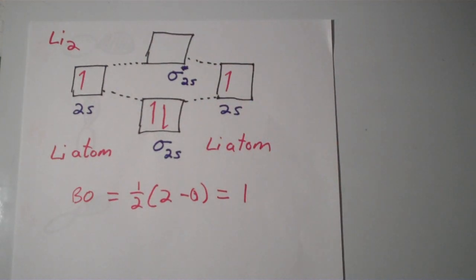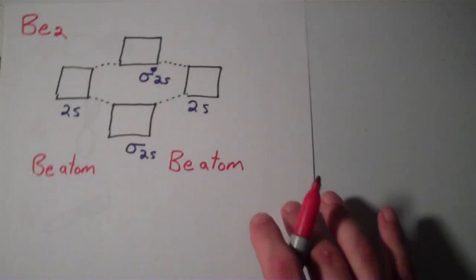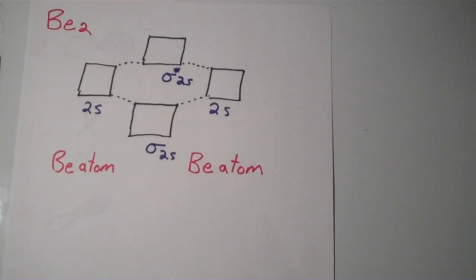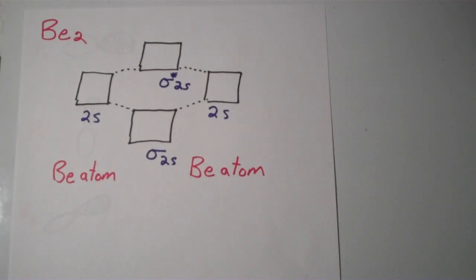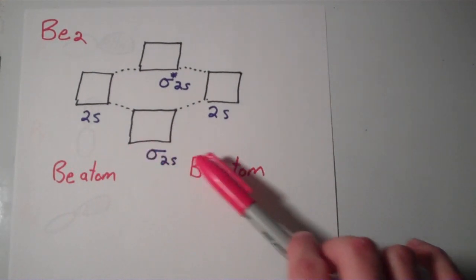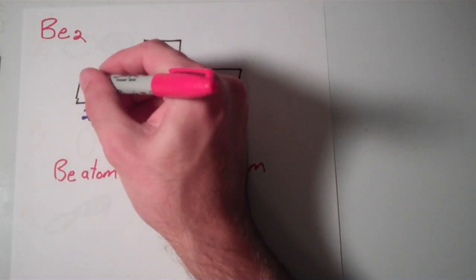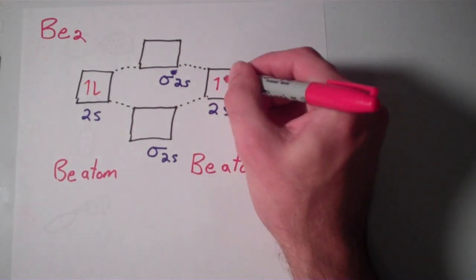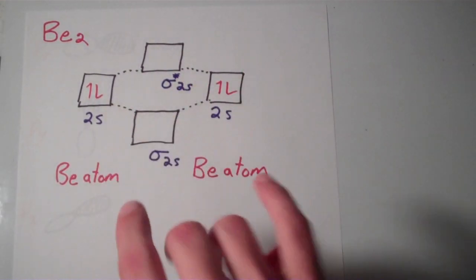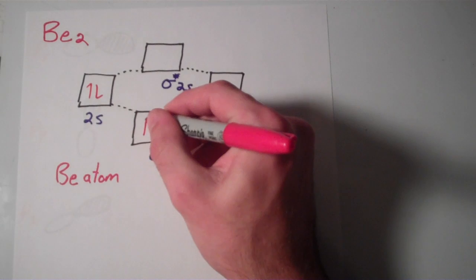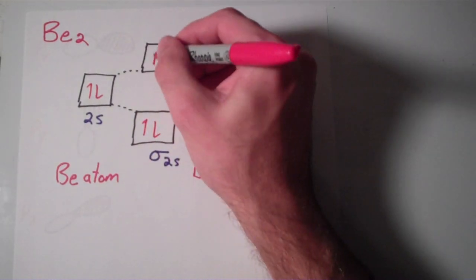The next element in the second row is beryllium, so let's look at the Be2 molecule. We're still talking about just s orbitals here, because beryllium has two valence electrons, and those reside in the 2s orbital. So each beryllium atom has two valence electrons, and when those get added to the molecular orbitals, we fill them up as follows.